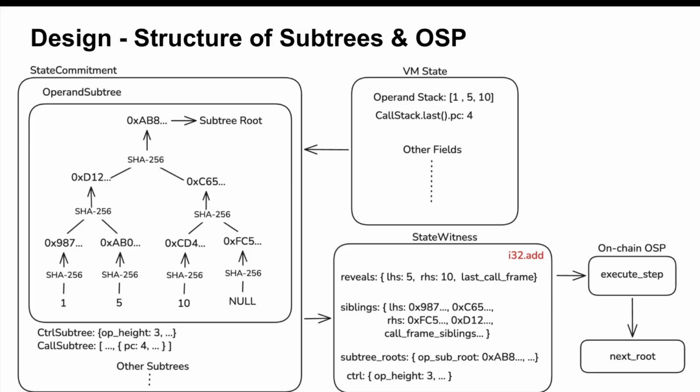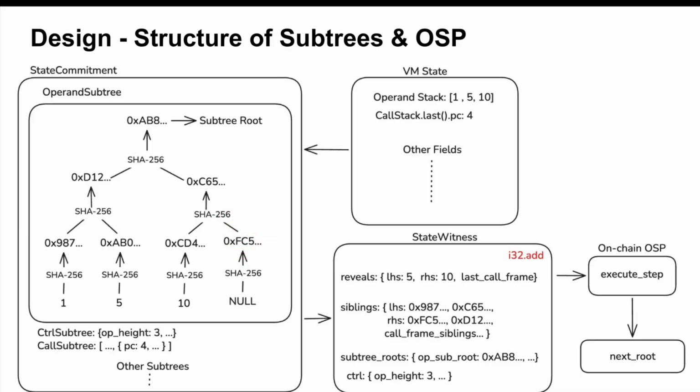So for example, for right hand side, which is the second index in the Merkle tree, we have the siblings of this leaf here. And the siblings, aka Merkle proofs of this leaf, is this value and this value. As we can see, right hand side is this 0xfc and 0xd12.